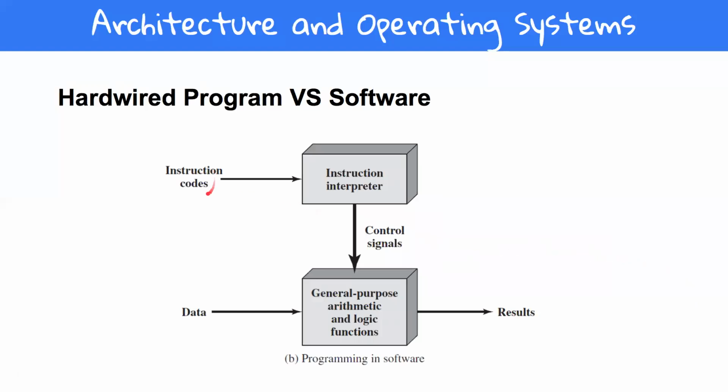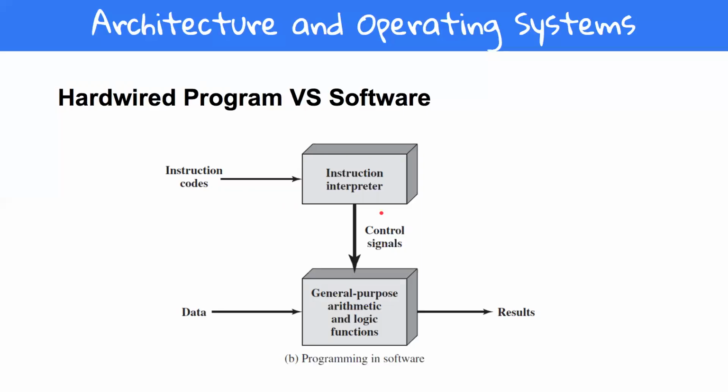What happens? I said that each instruction has got an opcode. The opcode goes to the control circuit or instruction interpreter. So it goes and reads it from the table. Okay, this opcode is for adding. It's interpreted here, and then sends the control signal to the general purpose arithmetic and logic unit. Imagine that I want to add two numbers. I've got a single adder subtractor circuit.